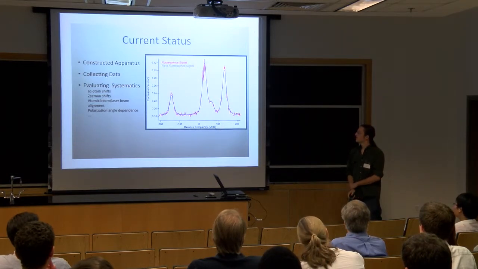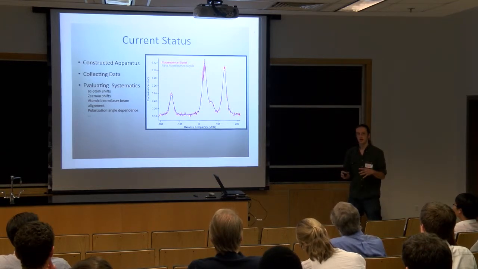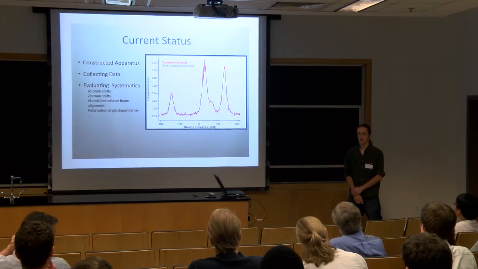We do have some data that's locked to the comb. We're also trying to limit background noise, and we need to evaluate the magnetic field in the interaction region. We also need to evaluate Doppler shifts, so we're working through that and nailing down the systematics.